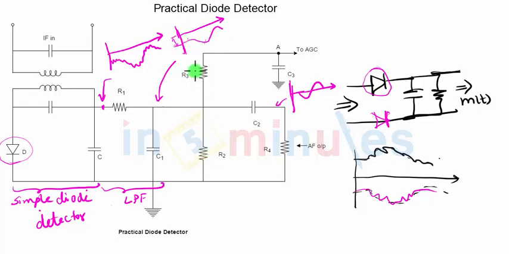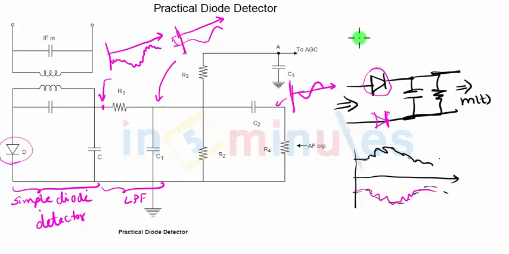Now let us pass it through the structure formed by R3 and C3. As you can see, R3 comes in the path of the signal and C3 is connected parallel to the input signal, and hence the structure of R3 and C3, very much similar to R1 and C1, will form another low pass filter. The low pass filter will only allow the low frequency to pass at the output side.